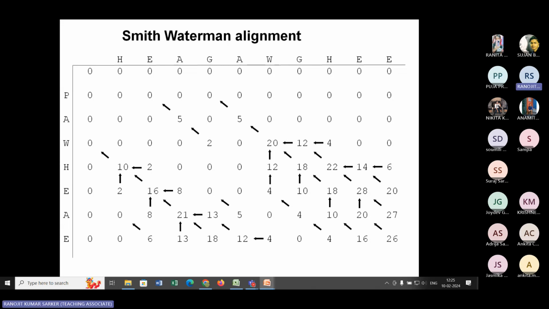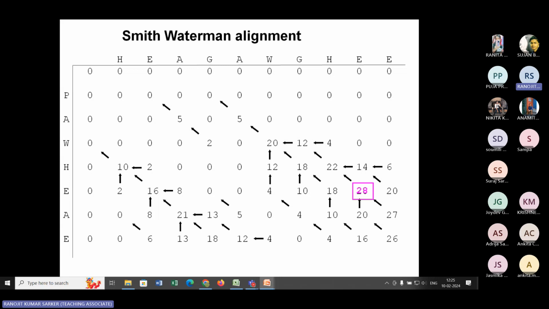We had to start the backtracking from the last cell. But here, the Smith-Waterman algorithm says no, you are not confined to the last cell only. You have the freedom to consider the cell which has the highest value. So please look into the cells where we have the highest value.